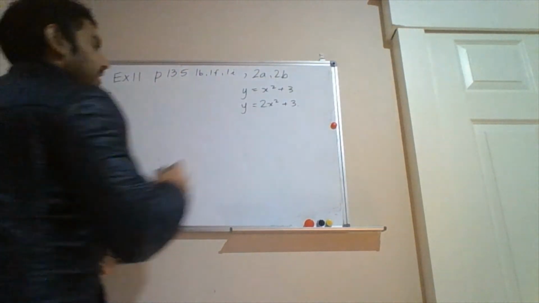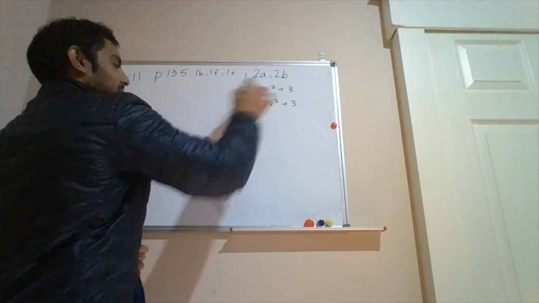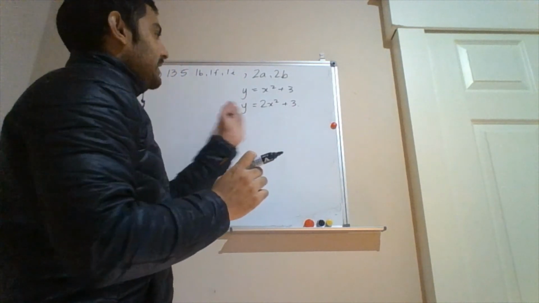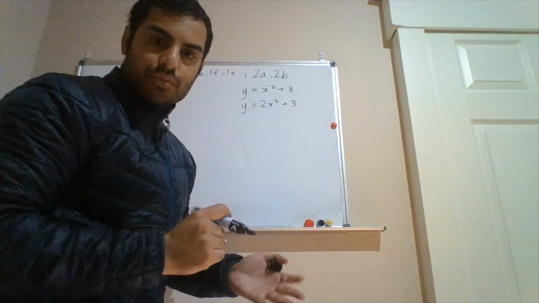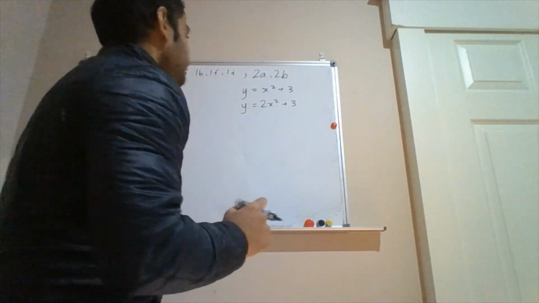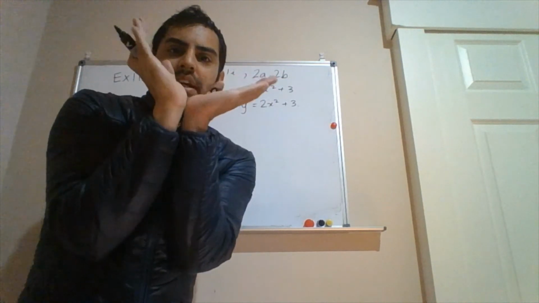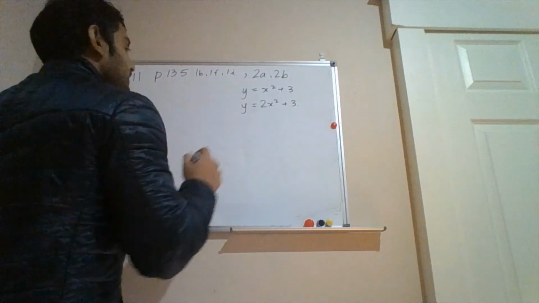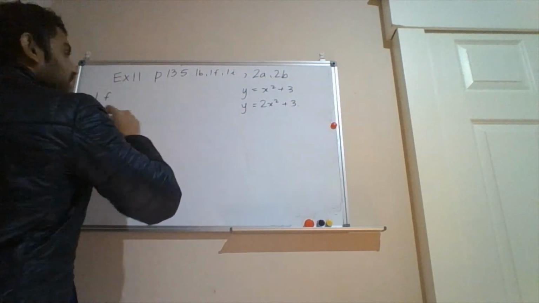So what we would expect is, because this coefficient is greater than the 1, that the second graph would rise more steeply. Its y values would overall be higher. And for the first graph, the arms would be wider. Okay, let's see if this pans out. So I'm going to choose some x values.